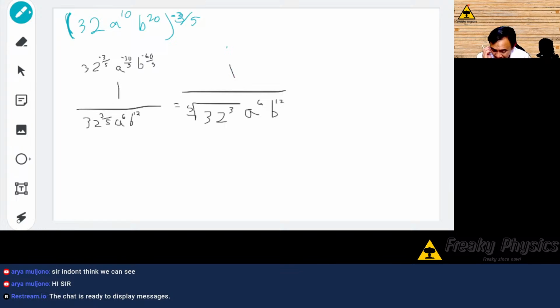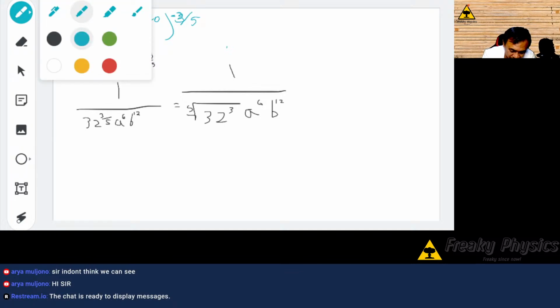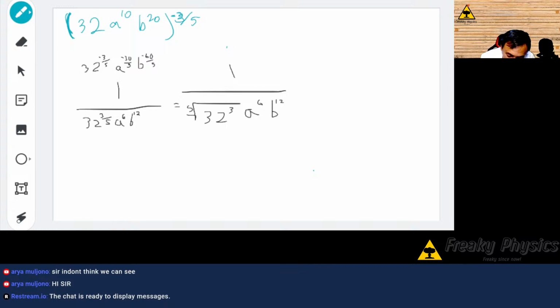Okay, I'll stop you right there because I want to show you the shortcut. So this is the correct step. What I'll do now is basically show you the two steps. I'll continue this for now. So you said that that's equal to that, and I'm just gonna write the a raised to 6, b raised to 12 here.